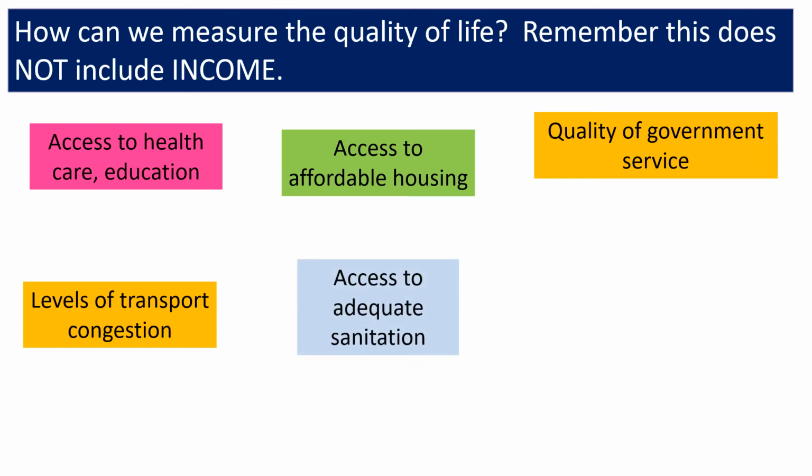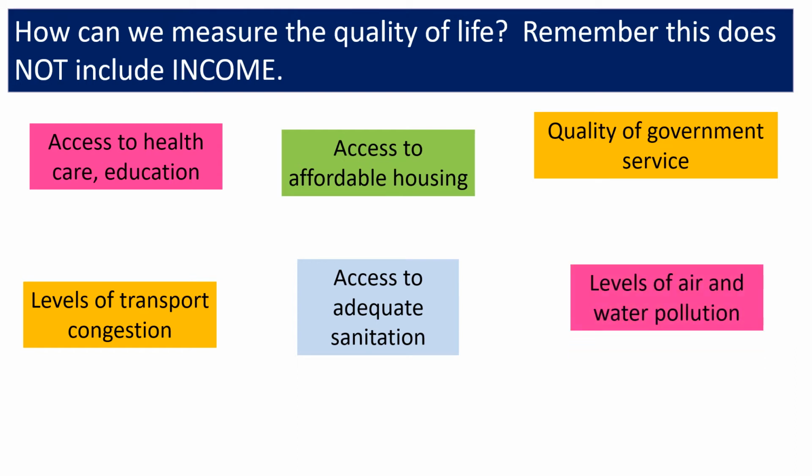Access to adequate sanitation, again, do people have running water? Is that something that is available? It might be that you are a very rich person in an area that does not have this. So quality of life really needs to be considered in terms of this as well. And we've already talked about air pollution, but water pollution is very important and can definitely impact your quality of life too.